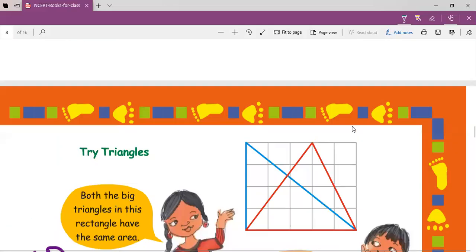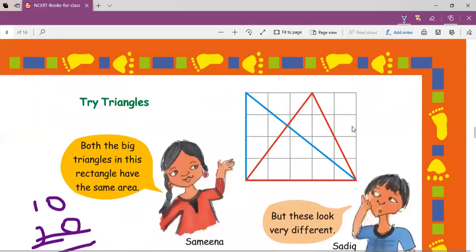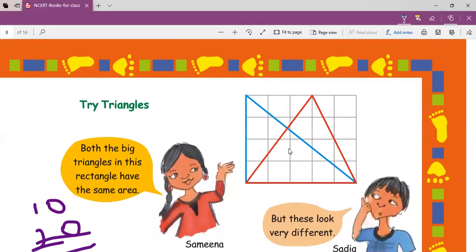So let's go up. You can see both triangles have 10 square centimeter area. Now they have asked us to draw more triangles having 10 square centimeter area. So let's draw. You can see one triangle is half of the rectangle.